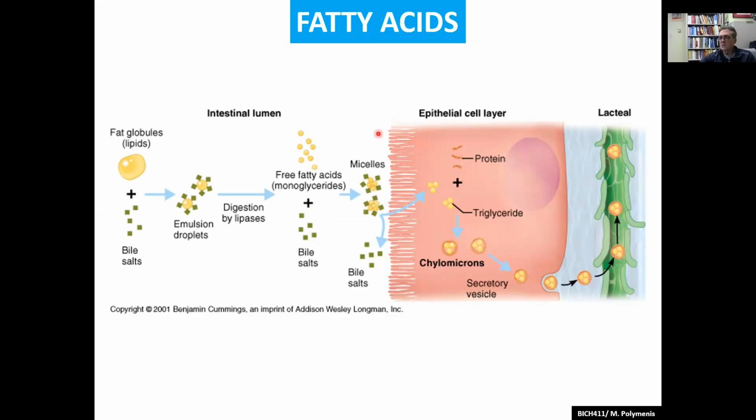So these are the brush border cells in the intestine, and they take the fat part of the micelle, the bile salts stay behind, and then they put them together as triglycerides and protein in what is called a chylomicron. So you have a protein surrounding the triglyceride, and they come out, and then they get into the circulation as chylomicrons.